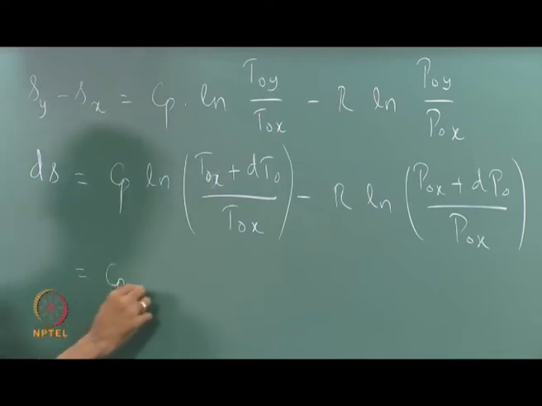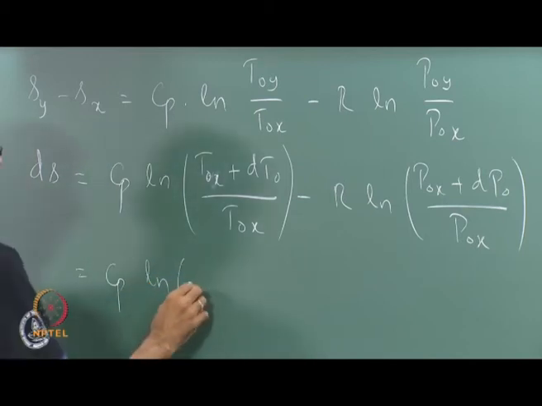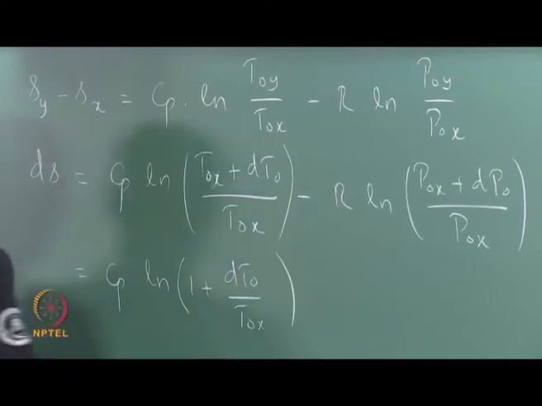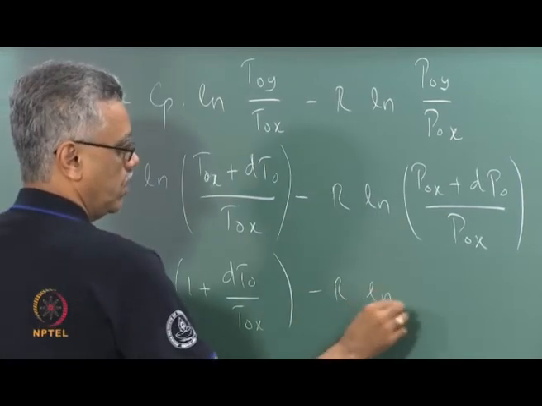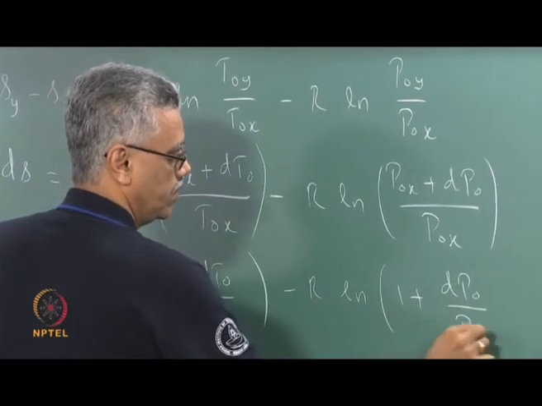Or I can write this as Cp times natural log of 1 plus dT0 divided by T0x, minus R times natural log of 1 plus dP0 divided by P0x.